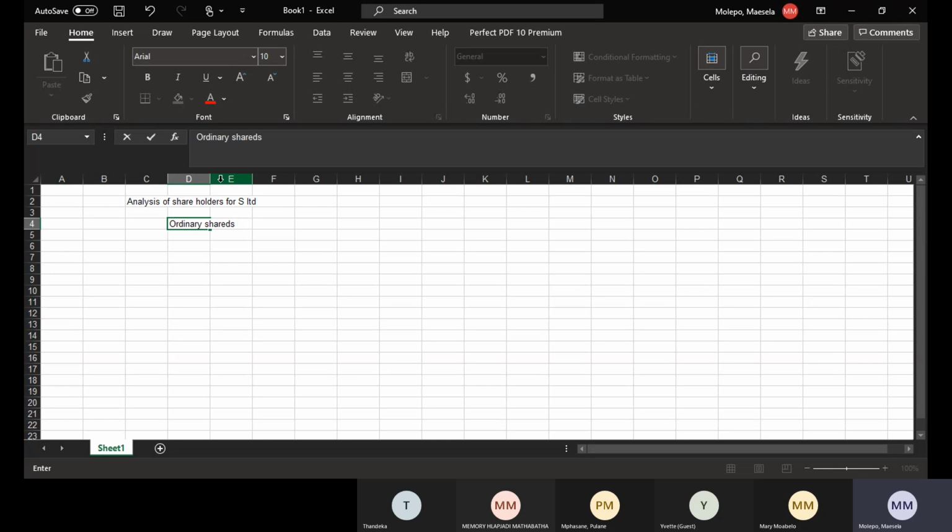And then we have our columns as usual: the total, the at, the since, then the NCI.